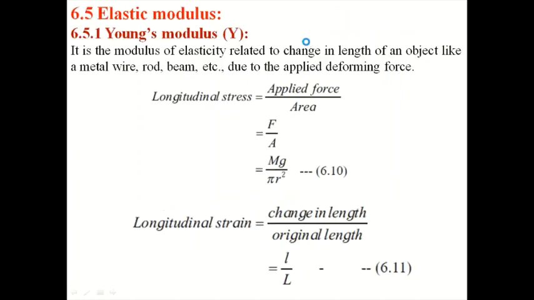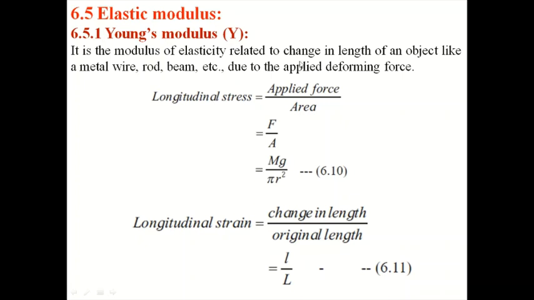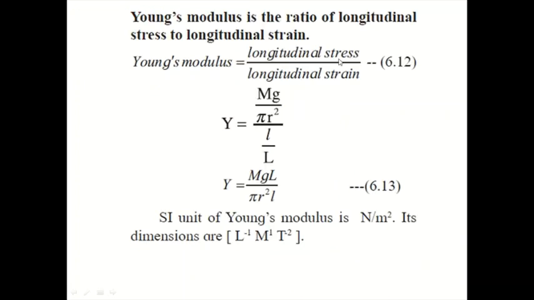As we know, Hooke's law says stress per unit strain is equal to a constant, meaning stress to the corresponding strain is constant. Stress here is related to the change in length, so longitudinal stress to longitudinal strain is Young's modulus.